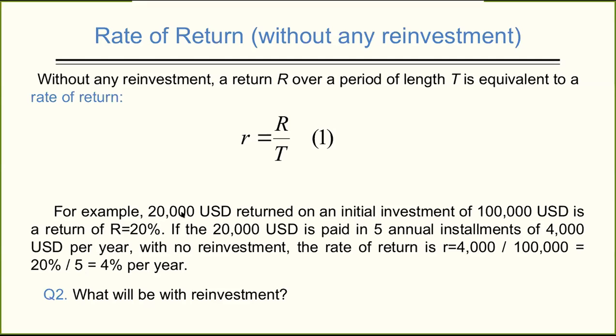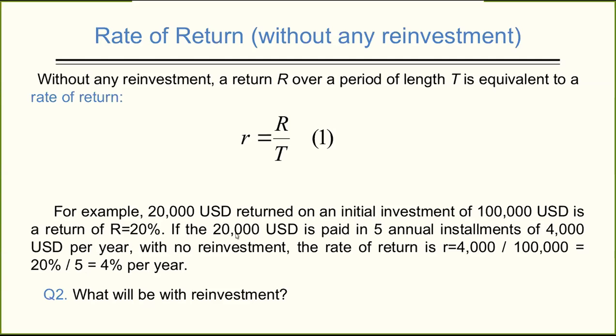In this example, $20,000 returned on an initial investment of $100,000. So the return is 20%, because it is 20 divided by 100 and expressed in percents.